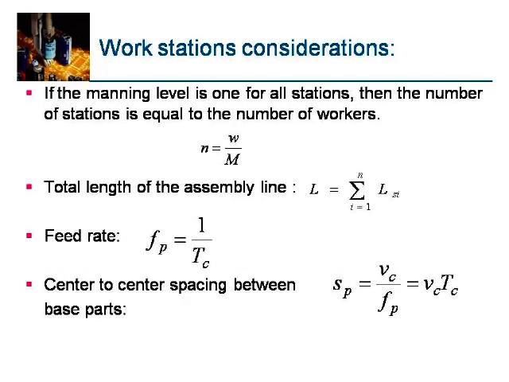If the manning level is 1 for all stations, then the number of stations is equal to the number of workers, N is equal to W by M.